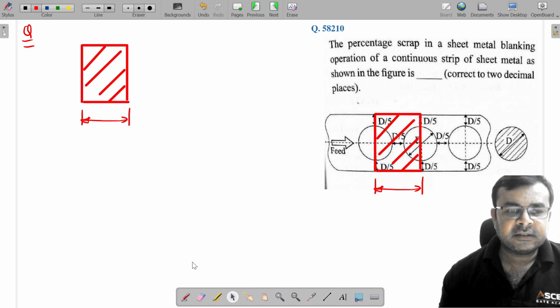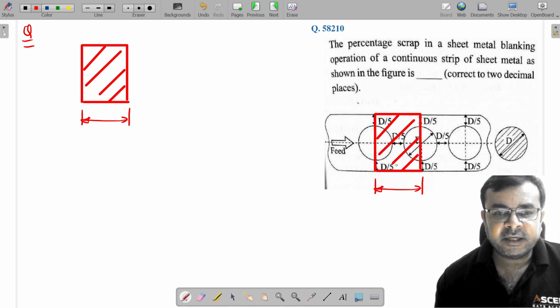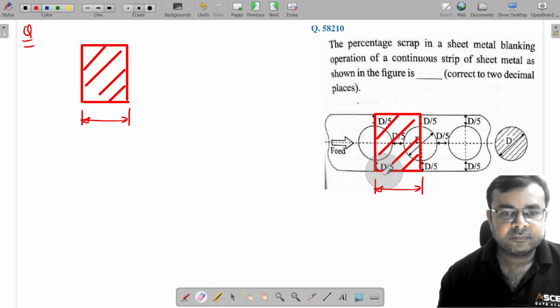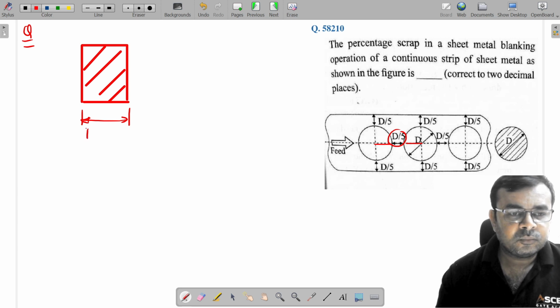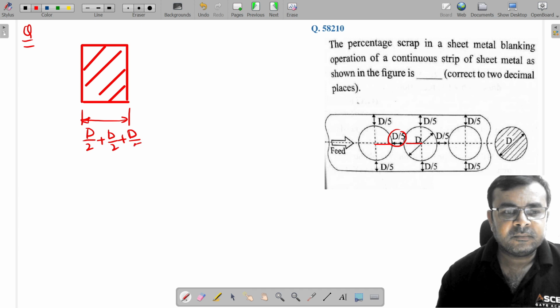Then if I write its length and height, you can say this is d by 5, and this is half of the diameter, so d by 2 plus d by 2 plus d by 5.